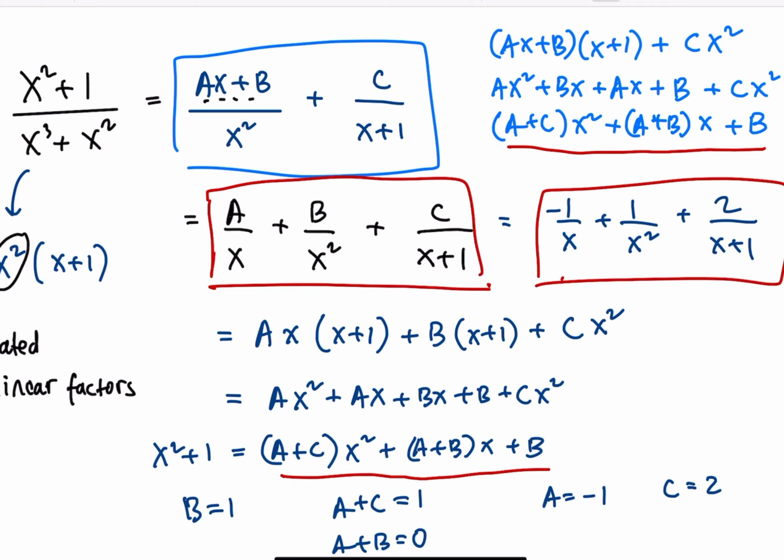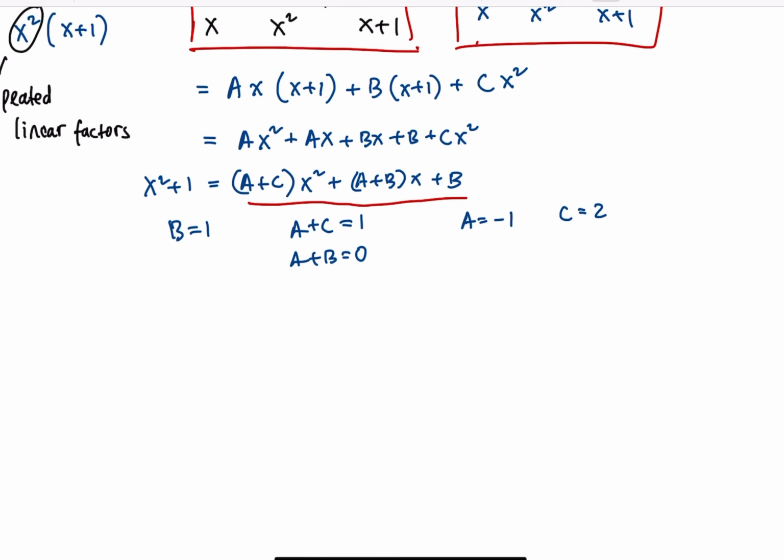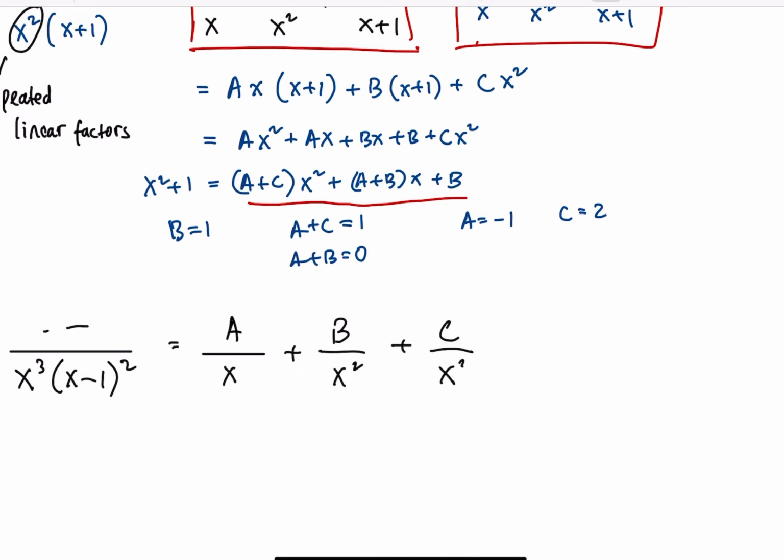Whenever you find a denominator with maybe x cubed and (x minus 1) squared, you can write this as a over x, plus b over x squared, plus c over x cubed, plus d over x minus 1, plus e over (x minus 1) squared.